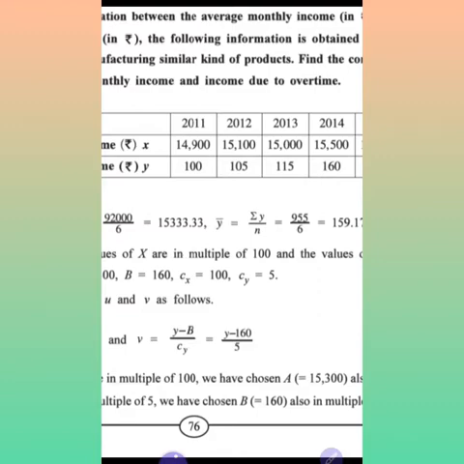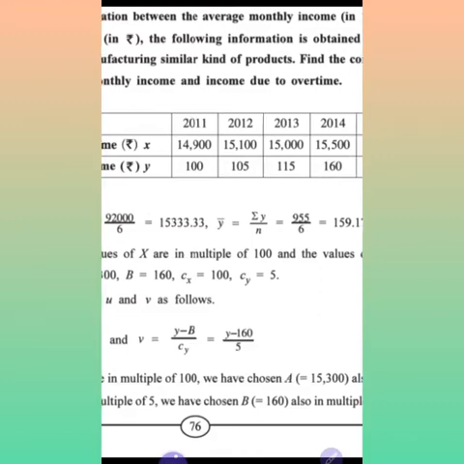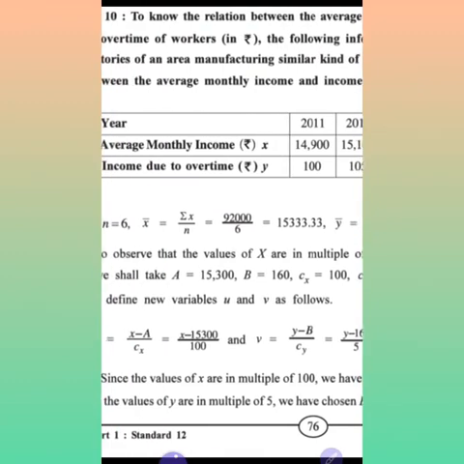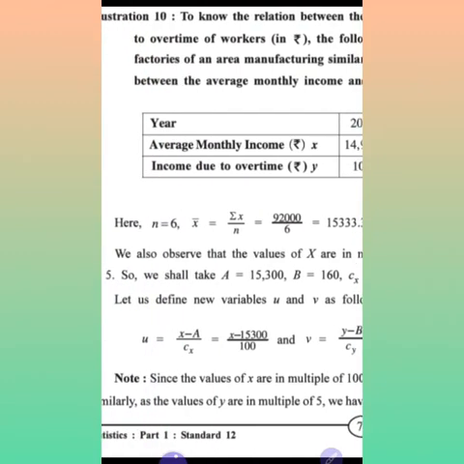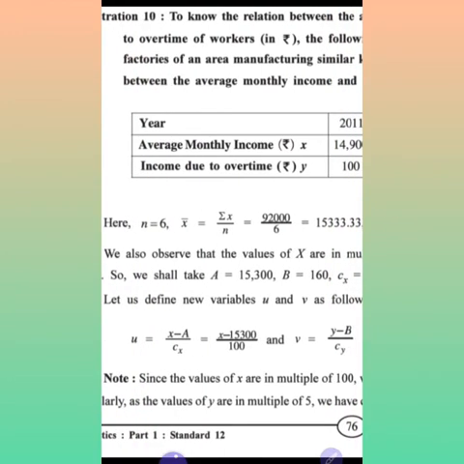So what we need to use? We need to use the uv method. For using the uv method, we are going to find out u first, right. Now to find out the u, we know it is always x minus a upon cx.